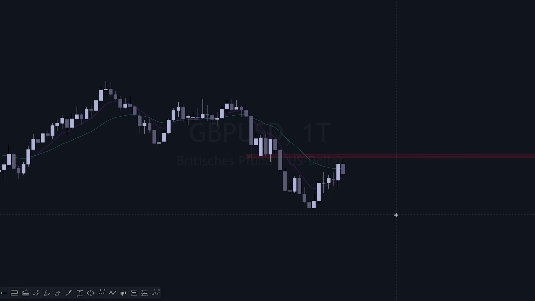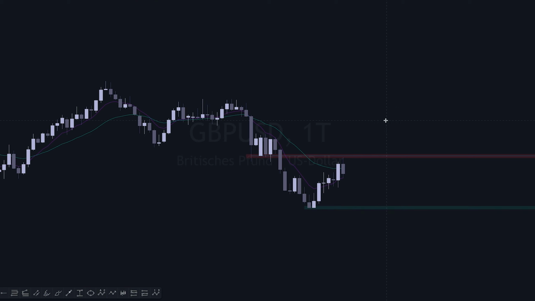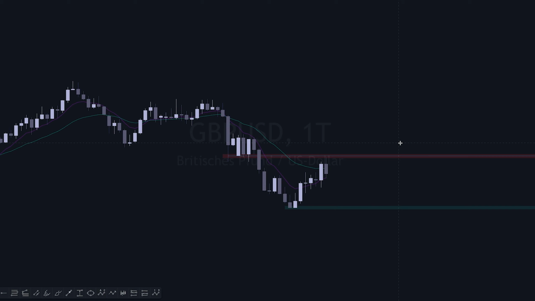So what's the next nearest support zone right here? It's right underneath here. So I make this one green because it's our support zone, guys. So how can I now be sure that the market goes further down? Now it comes to confluence, guys.